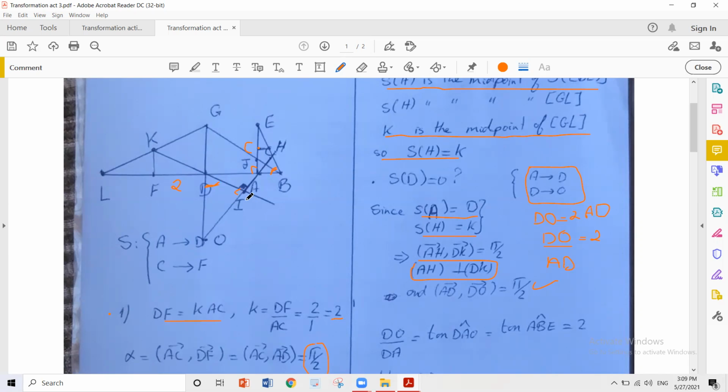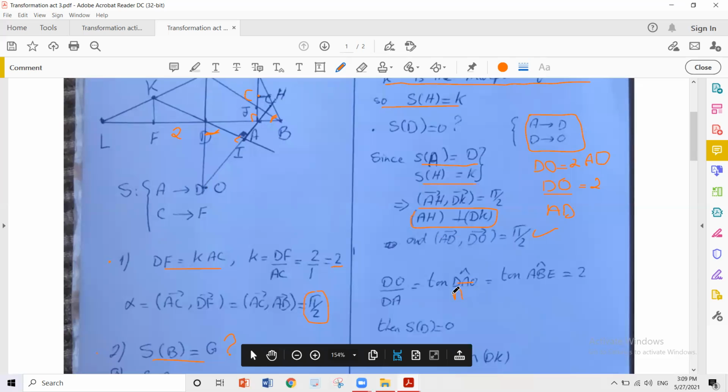I take a tangent of angle ADO, not DAO, tangent of AOD. DO over DA.